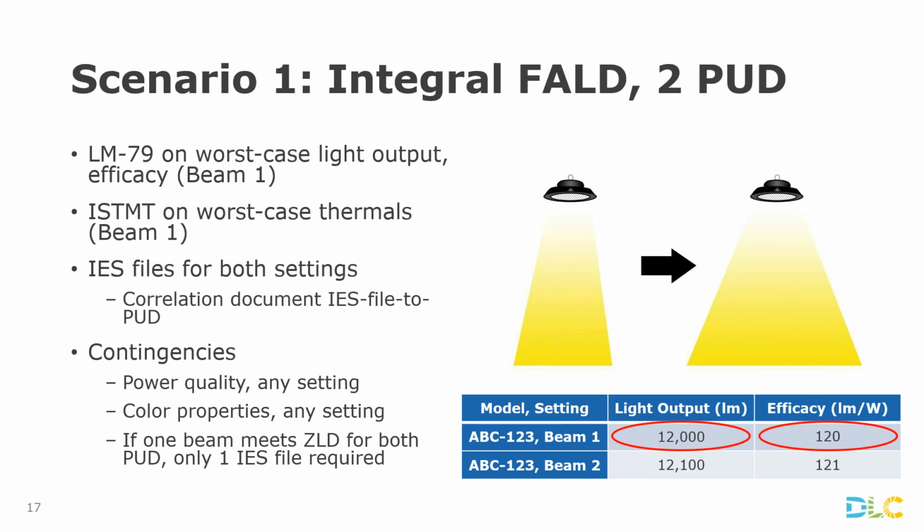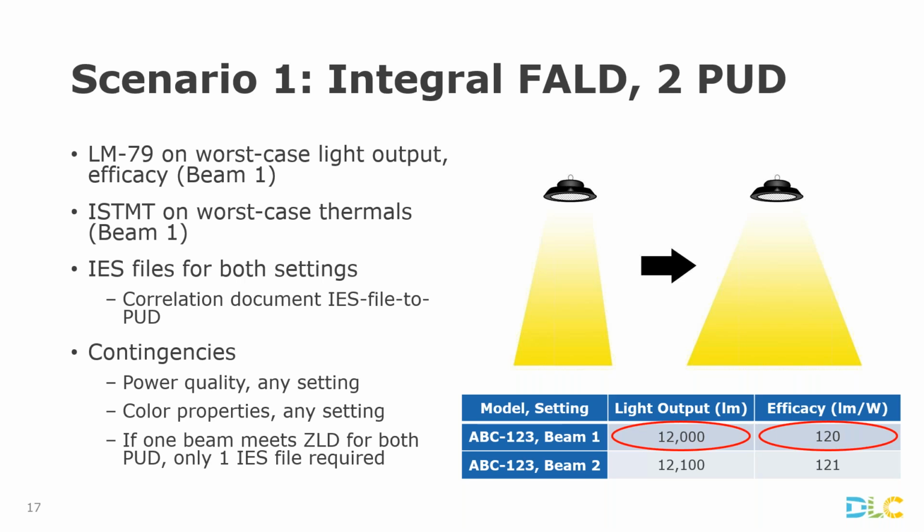Again, where the scenario is that the applicant, the manufacturer, would like this product listed in both the high bay aisle and the high bay non-aisle primary use designation, there need to be IES files provided that support that this product can meet the zonal lumen distribution requirements of each of those primary use designations in at least one setting.